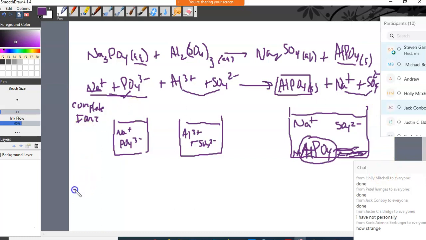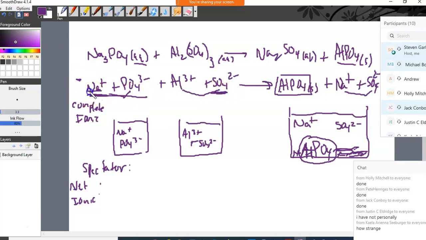And then the final equation is what's called the net ionic equation. The net ionic equation basically shows the overall reaction. Okay? It eliminates what's called the spectator ions. Spectator ions are the ions that really don't do anything. They start in the ionic form and they end in the ionic form. So my spectator ions in this equation would be the sodium and the sulfate.